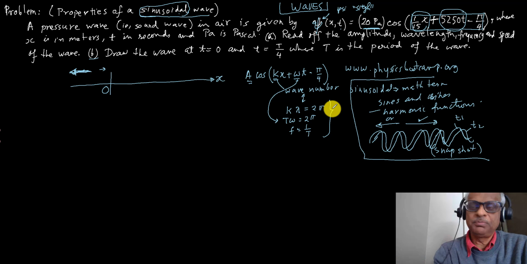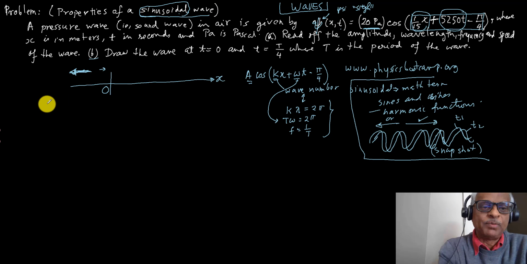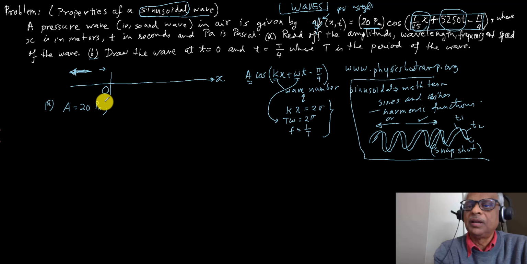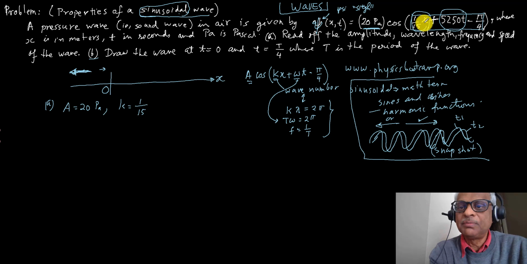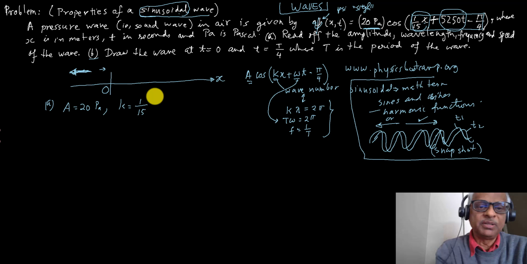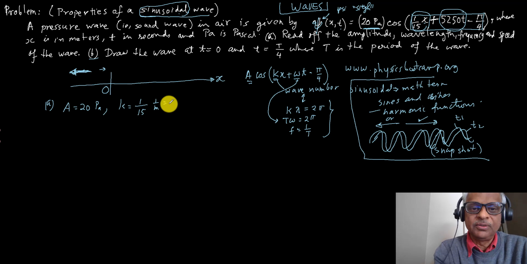Reading off is very easy. In A, the amplitude is 20 Pascal. k is 1 over 15; if this is meter, then the unit is 1 over meter.